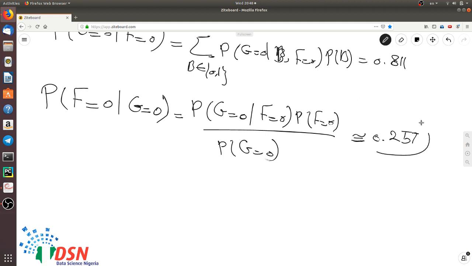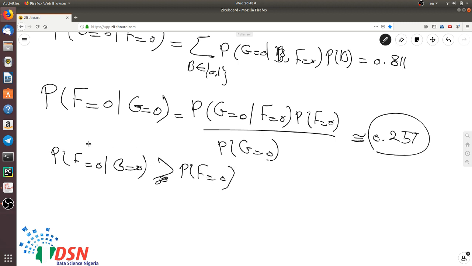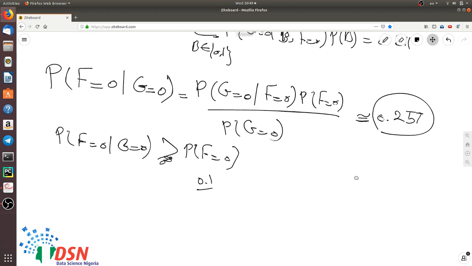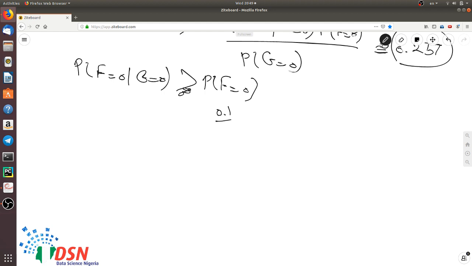And if you read it carefully, you will see that it is greater than our prior. So we see the evidence that the gauge shows 0, and our probability that the fuel tank is empty has now improved. It is 25%. It was 10%.